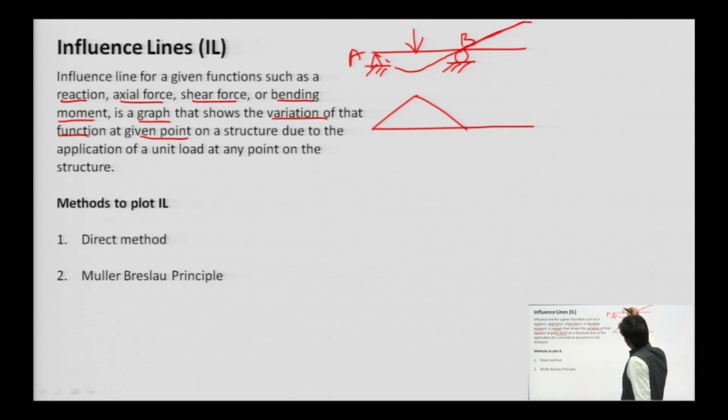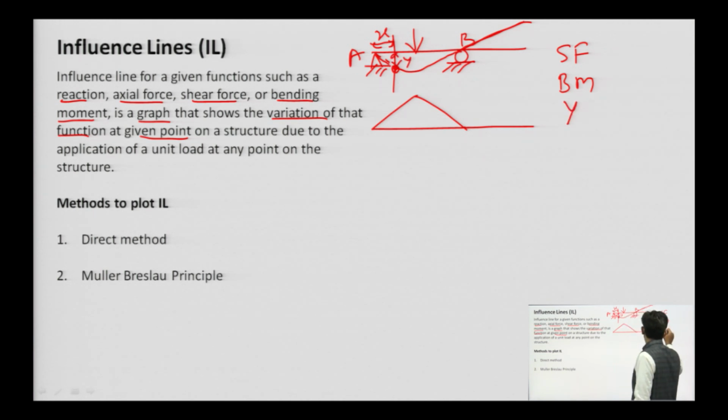So, due to the given loading, every section of the beam is subjected to shear force and bending moment, and there will be displacement, there will be slope, there will be change in slope. At point A there will be the reaction RA, at point B reaction RB.